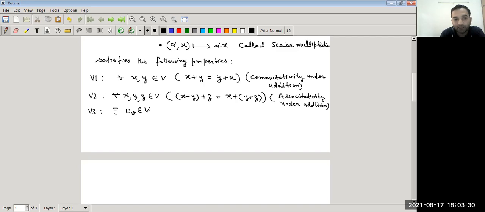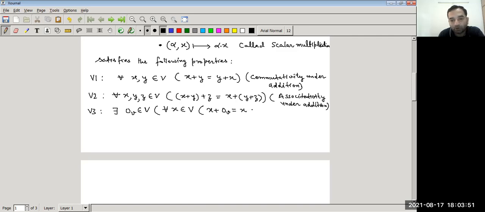So 0V belongs to V such that for all x belongs to V, x plus 0V is equal to x.